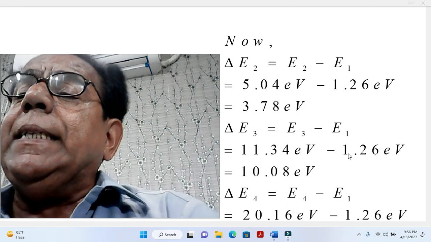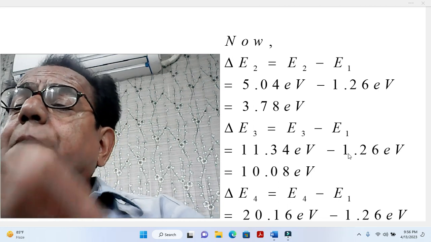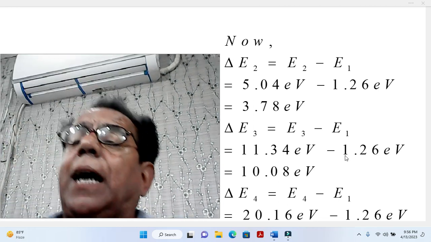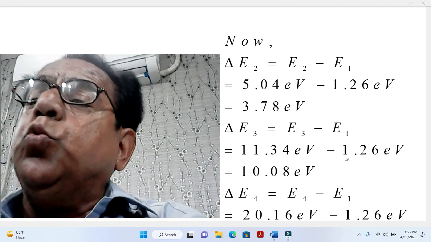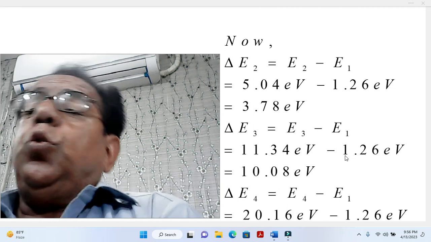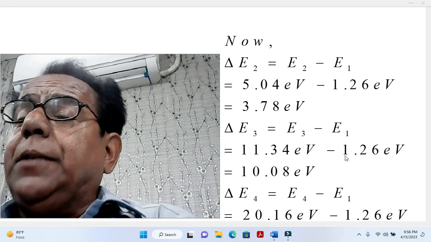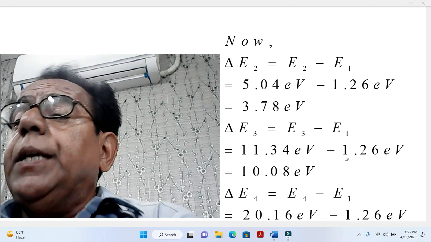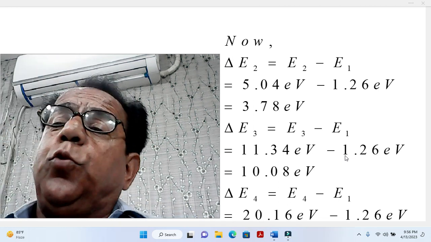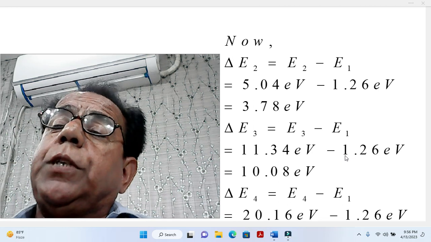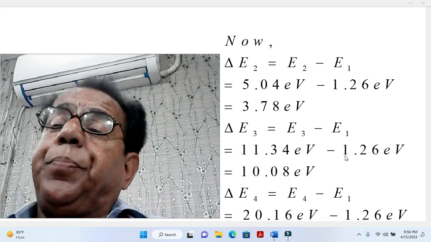Similarly, delta E3 is also equal to E3 minus E1, ground state. Delta E3 is not equal to E3 minus E2. So now delta E2 is equal to E2 minus E1 equal to 5.04 electron volt minus 1.26 electron volt, and this becomes equal to 3.78 electron volt.